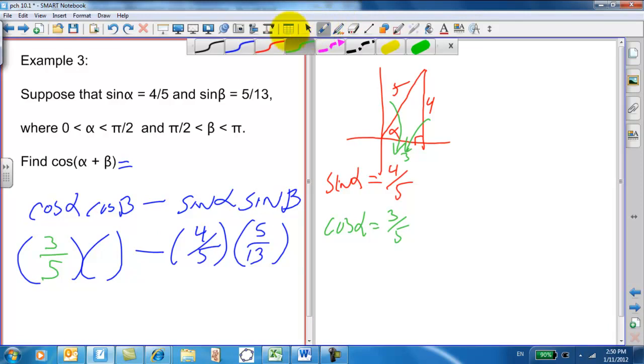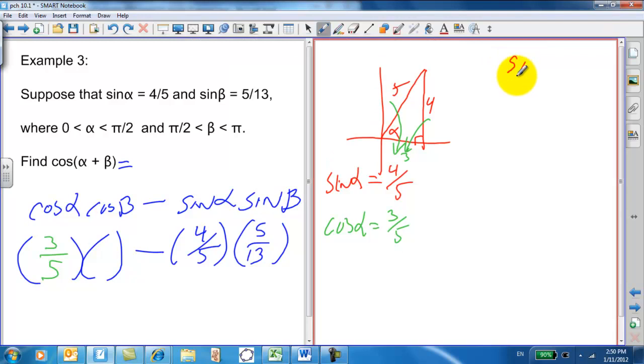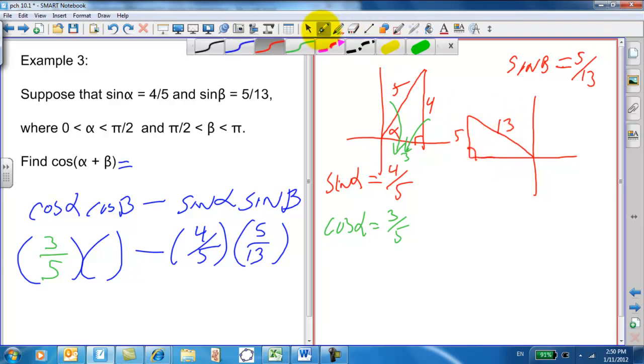Now our other diagram is the fact that we've got sine beta equals 5/13. But it says beta is in the second quadrant. So I'm going to make only a height of 5 this time and hypotenuse of 13. And I think you remember that Pythagorean triple. 5, 12, 13. But it's going to be a negative 12.